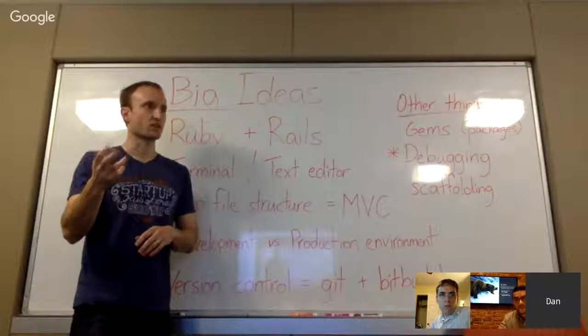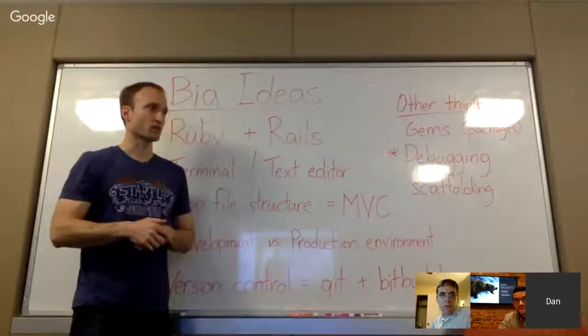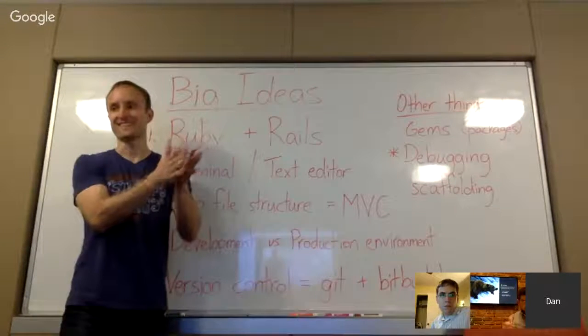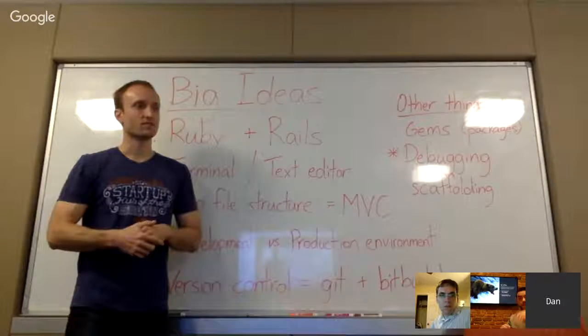It's better to start from scratch and create all that without using a scaffolding command. And so that's why it takes from chapter 3 through the end to do that.